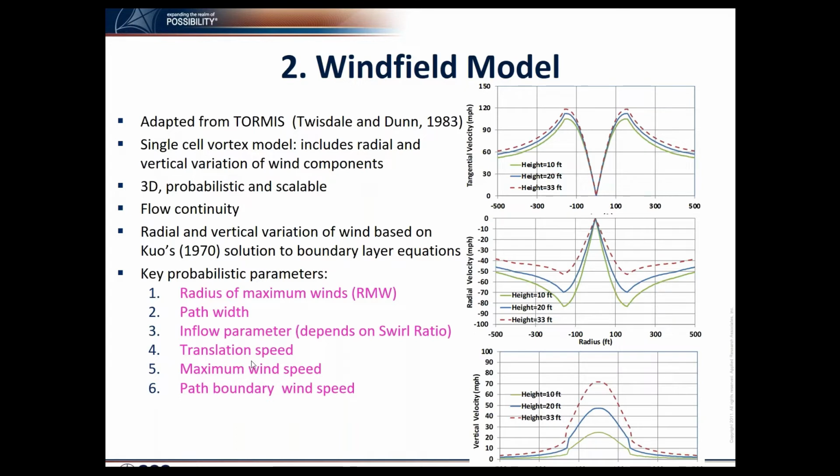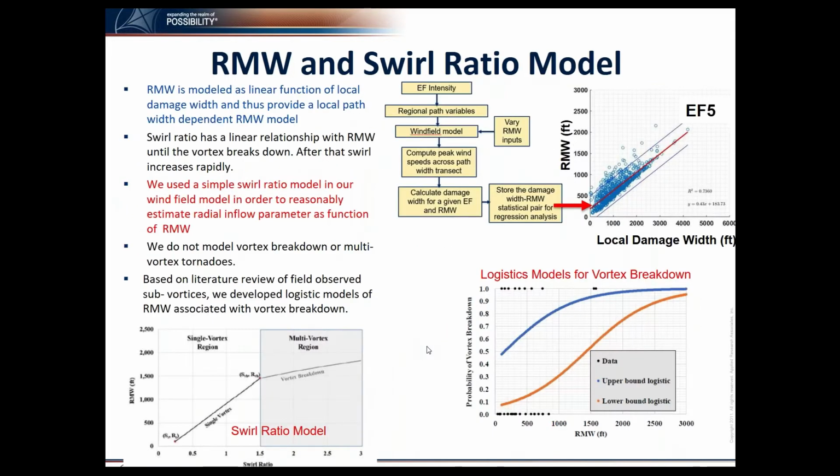We also use a translation speed model, path boundary model, and maximum wind speed model for the wind speed model development. Here we developed the RMW model as a function of the local damage width. Marc talked a little bit about how we extracted the maximum damage width from the detailed tornado database.